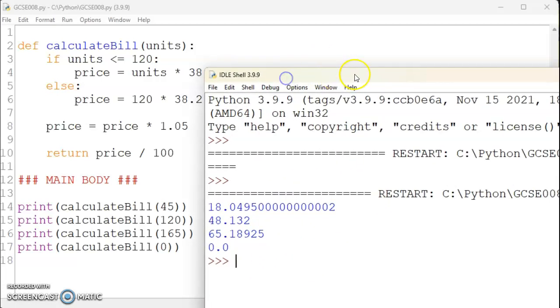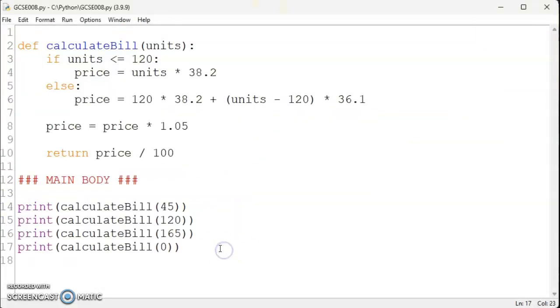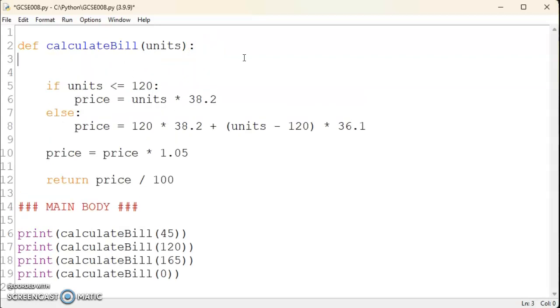Now, thinking about the bigger picture of our program here, one of the things that we haven't integrated into our function just yet is the idea of validating the number of units that has been input. So let's say, for instance, that there was some sort of a problem and the number of units entered was actually a negative number.